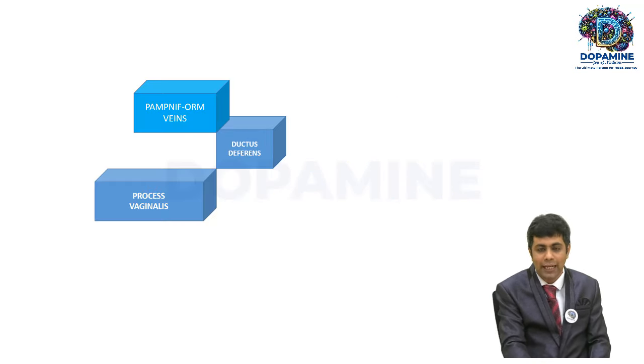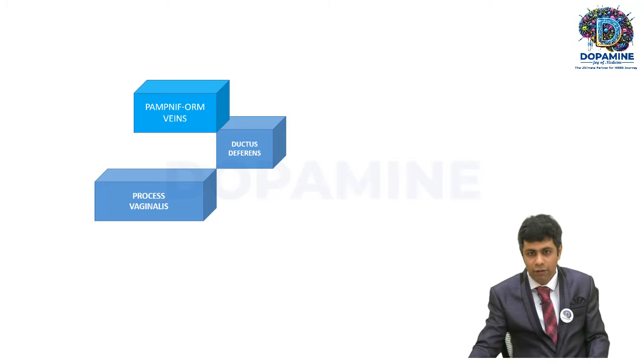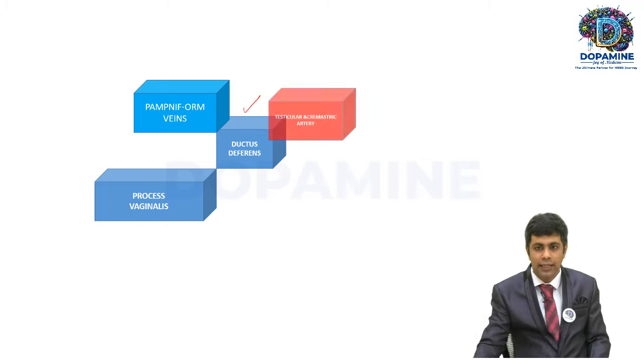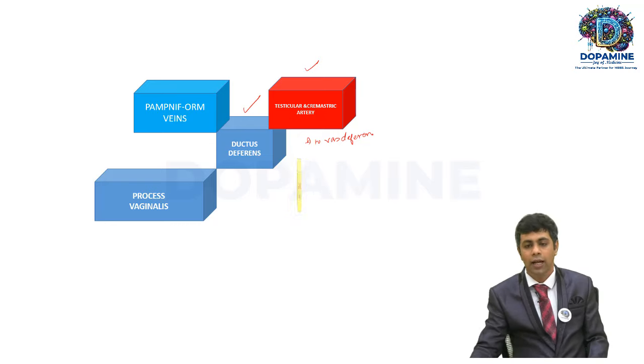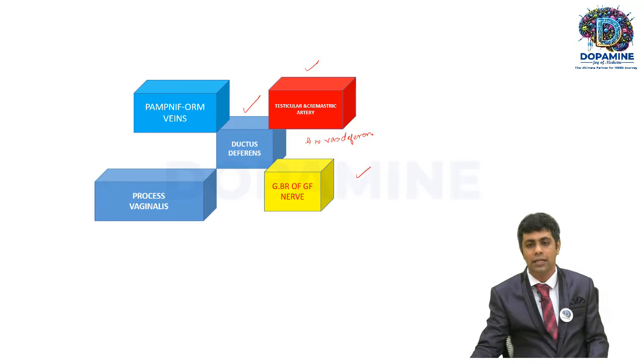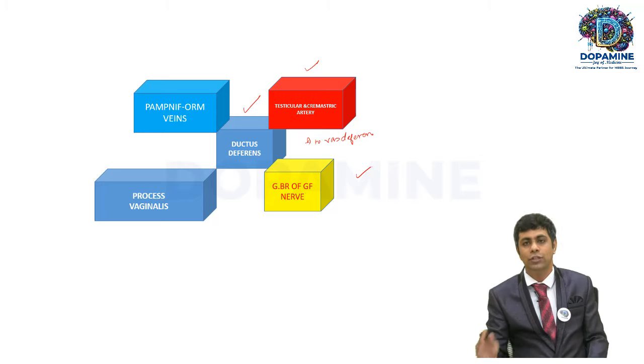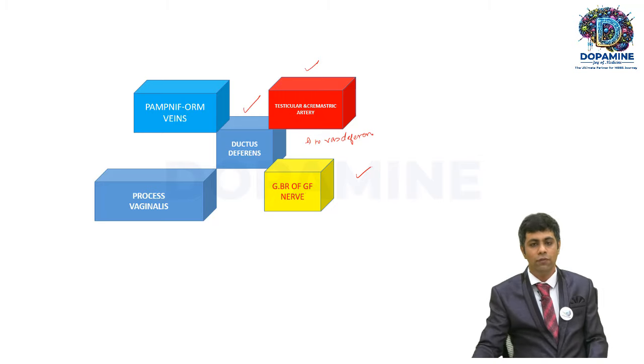So once again, let me highlight what the content are. The chief content will be the ductus deferens or the vas deferens. And the next one will be the arteries: the testicular artery, cremasteric artery, and artery to vas deferens. And the next important content, the nerve content, the genital branch of genitofemoral nerve. And we have the vein, the pampiniform plexus of veins, and the remains of processus vaginalis.